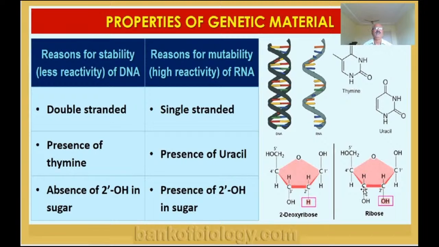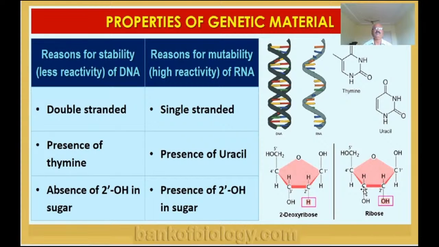So, DNA is double stranded. Generally, exceptions are there. Sometimes in some organisms, single strand DNA is also formed. It is a rare one. Generally, RNA is single stranded. In DNA, thymine is present, whereas in RNA, uracil is present.